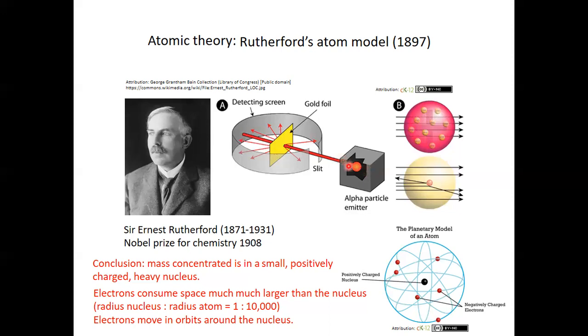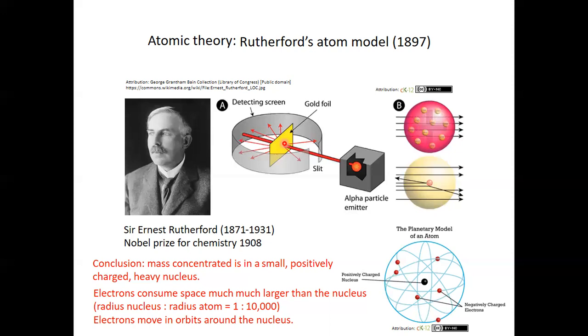Now, basically, these alpha particles were shot at the gold foil simply by an opening through that lead container. And that photographic film would basically detect what would happen with these alpha particles as they're being shot at the gold foil. So if Thomson's atom model were correct, they should actually all go straight through the gold foil.